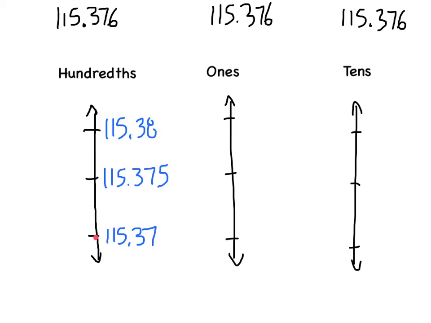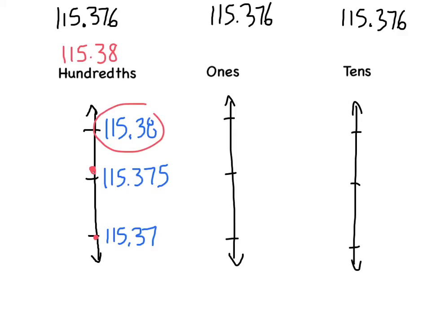Now 115 and 376 thousandths is just a little bit more than that, right about right here. So I can see that in this case I am closer to this number. So rounded to the hundredths place, I have 115 and 38 hundredths.